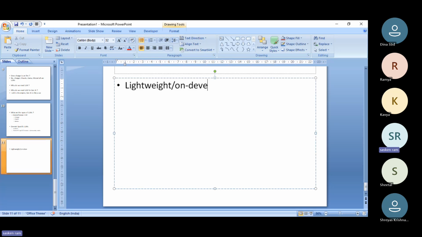That's Llama 3 and Mistral 7B, 7 billion parameters, and Phi 3 mini, and Gemma 2 billion.